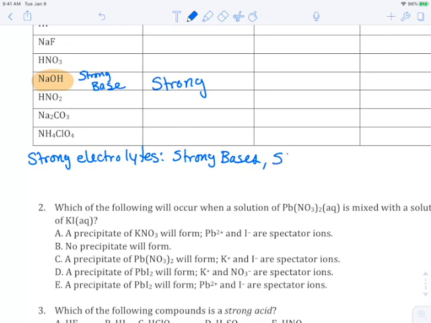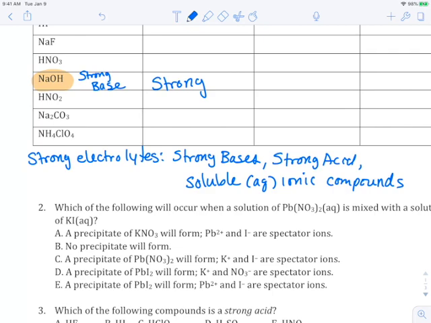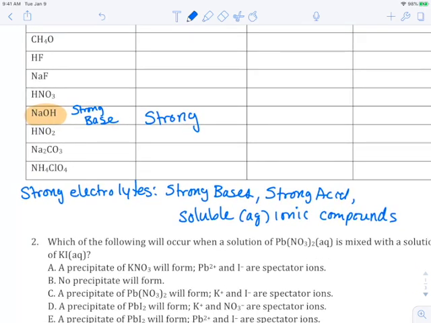Yes, so strong acid and ionic, and I'm going to say soluble, by which I mean aqueous ionic compounds. All right, so any questions on how we could say that NaOH is both a strong base and a strong electrolyte?